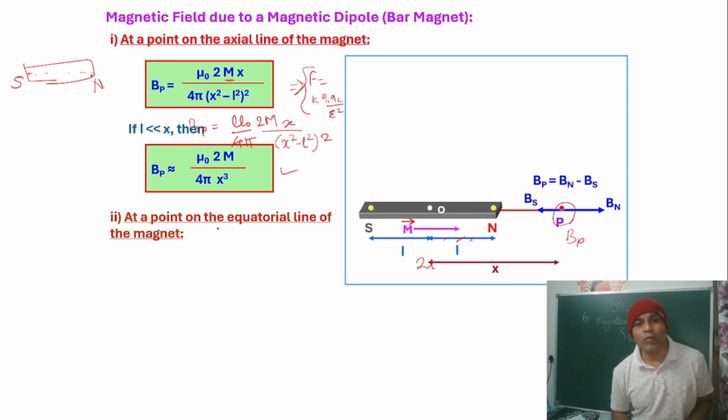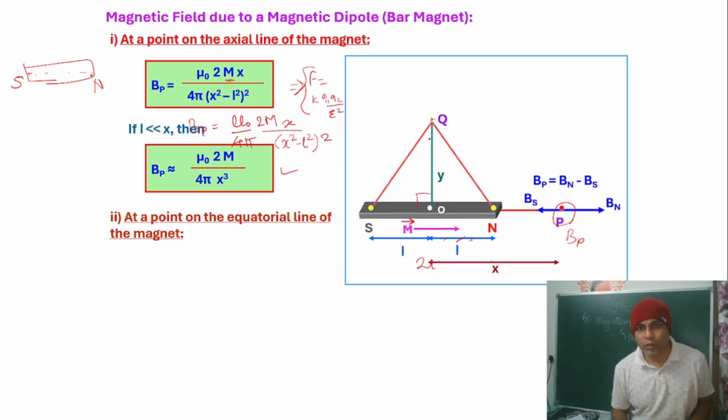Now we are at a point on the equatorial line of the magnet. The point is Q, which is placed equatorial, meaning perpendicular to the magnet, at the midpoint of this magnet.